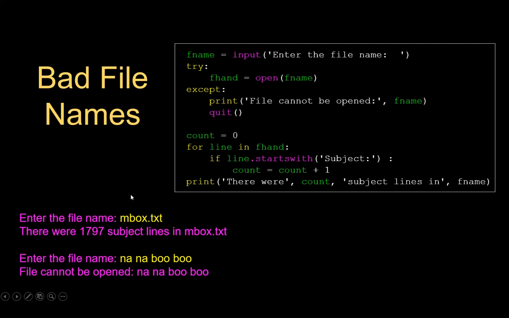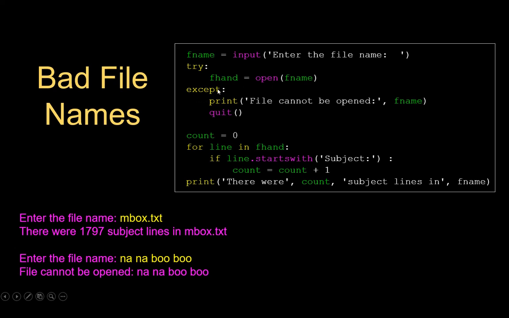The problem that we could potentially get to is maybe the user enters a file name that does not exist, or it's a bad file name. In that case, this open function will return an error. It will return a traceback error. We can expect that, and we can use a try except structure.